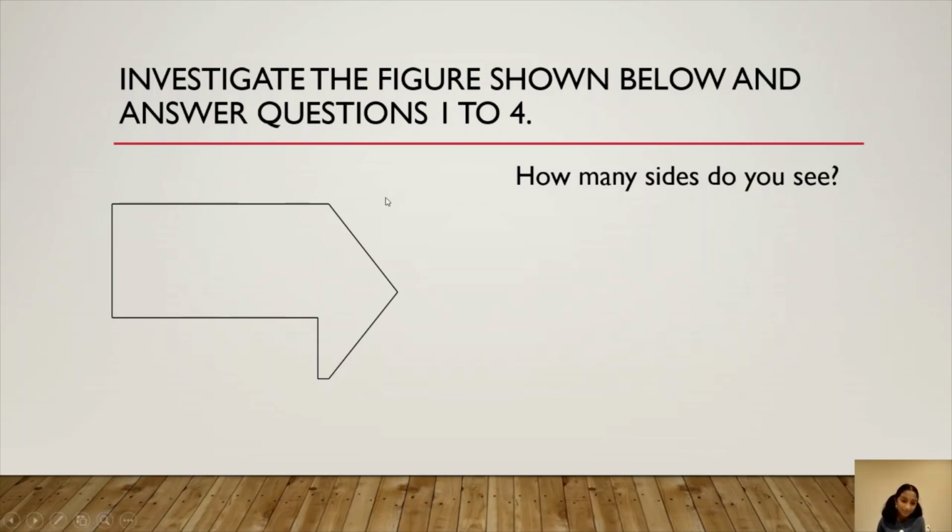So, are you guys done? First we have this one, then this one, next this one, this one, this one, this one, and this one. So we have 1, 2, 3, 4, 5, 6, and 7. There are 7 sides. Great job, guys.